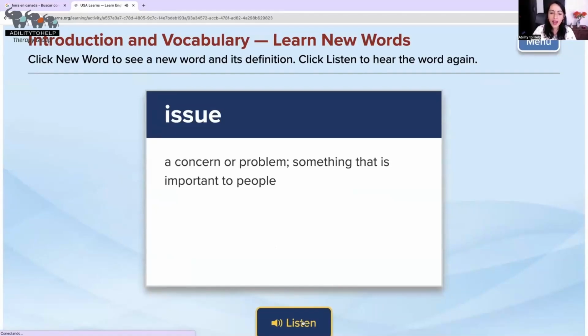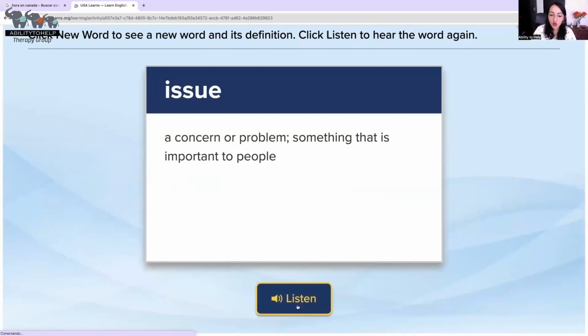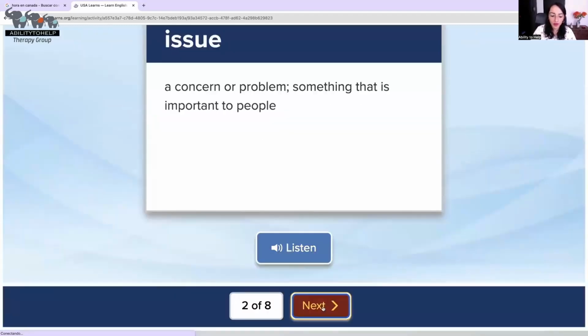Issue. Concern or problem. Something that is important to people. Como un asunto, algo importante.